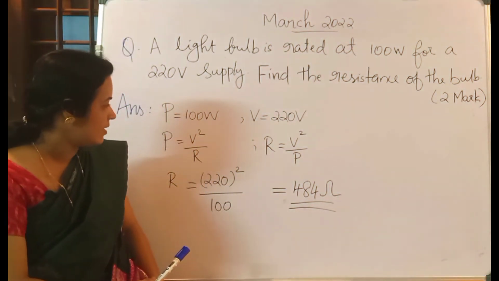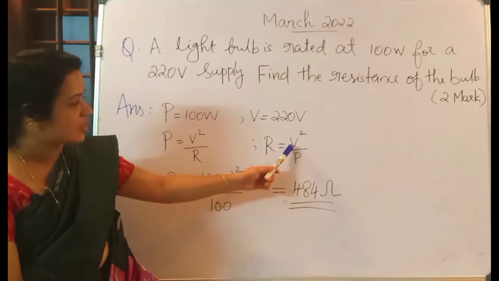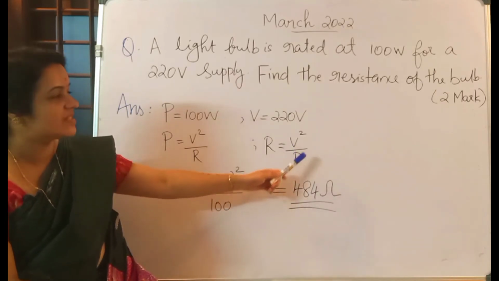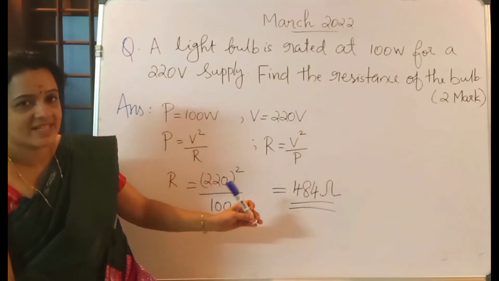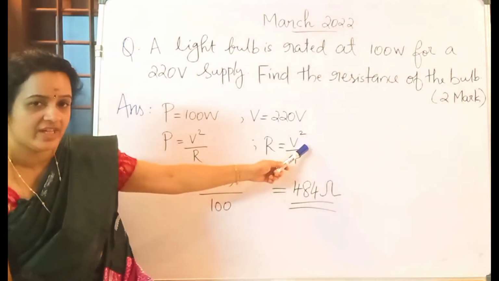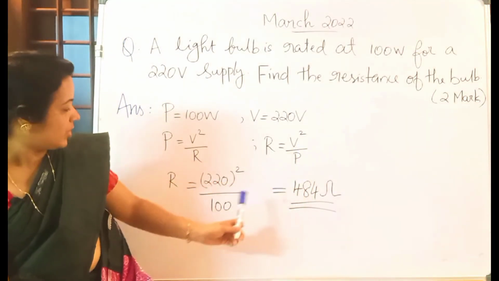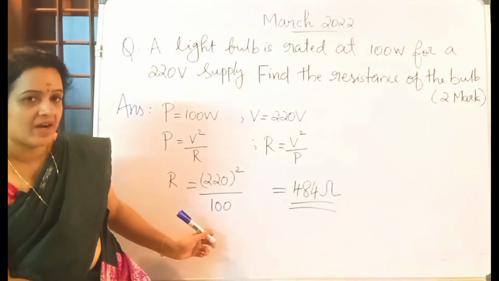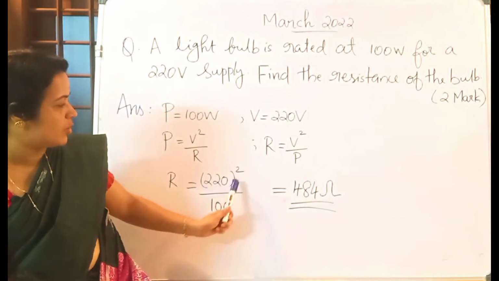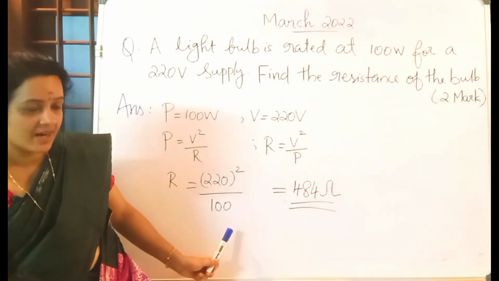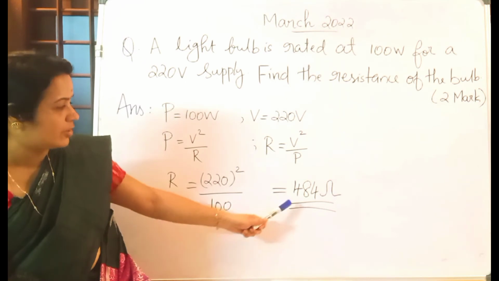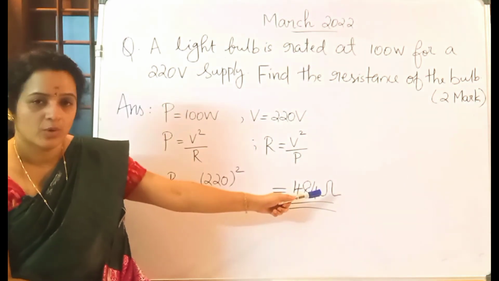So what will be R? R is V square by P. So this is a direct question. We can just substitute the values of V and P here. Okay, so what we will get? R is equal to 220 the whole square divided by 100. So that will be equal to 484 ohm.